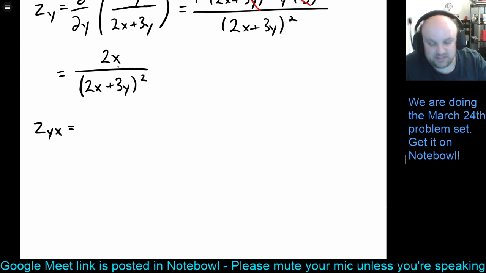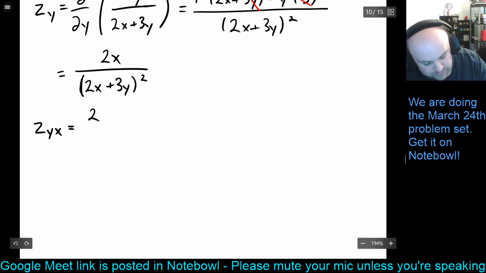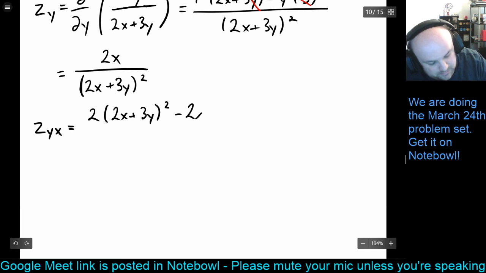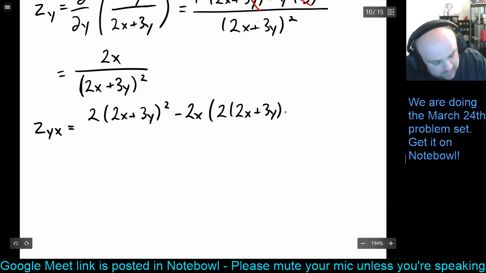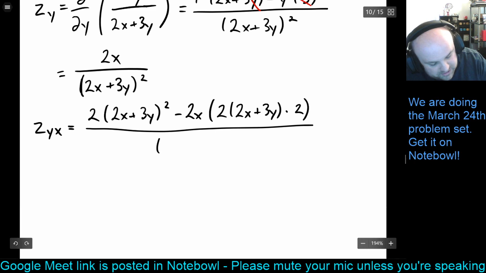Now, there's an x on top and bottom here, so we get to do the quotient rule again. So derivative of the top is 2 times the bottom minus the top times the derivative of the bottom, which is going to be 2 times 2x plus 3y times 2. And again, all this over the bottom squared.